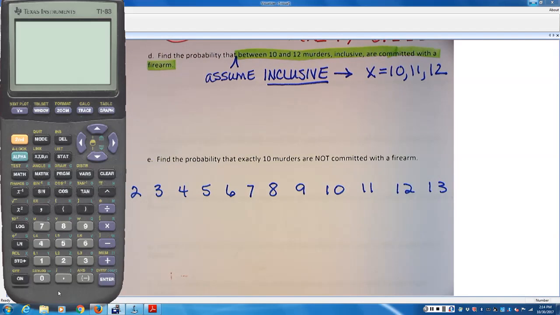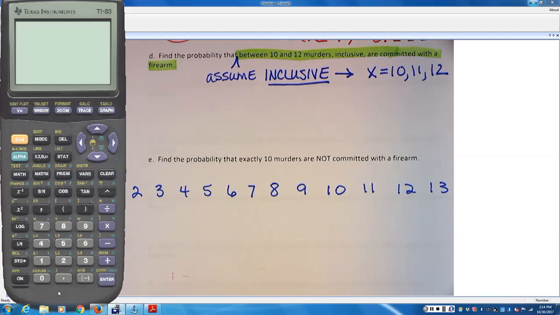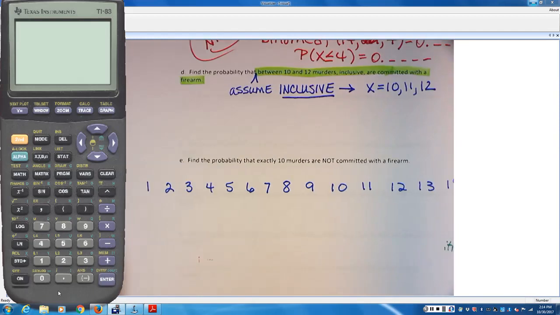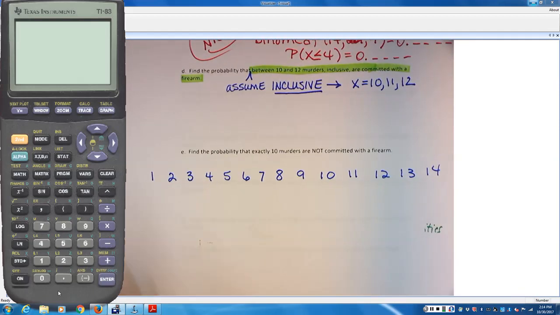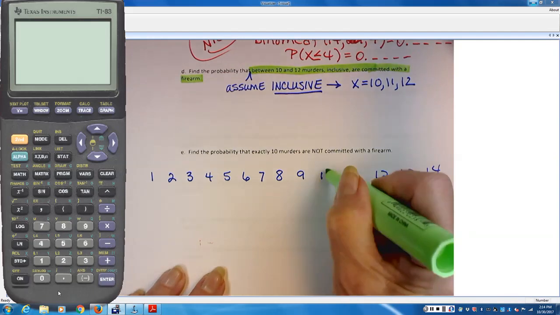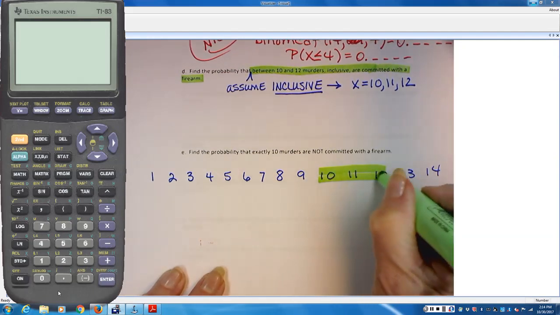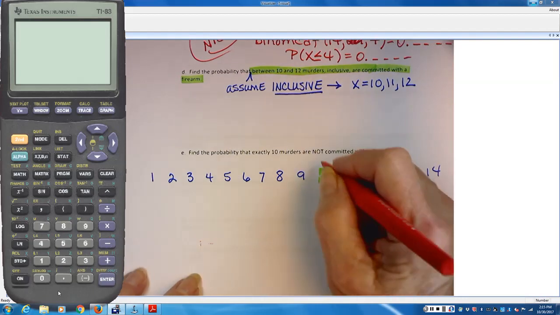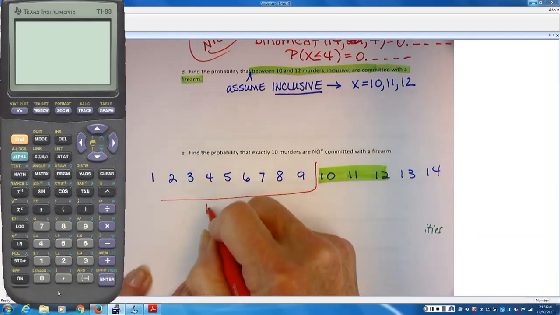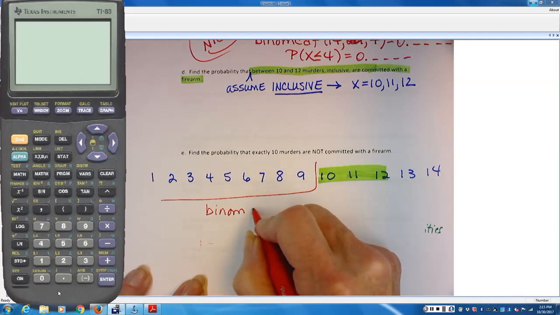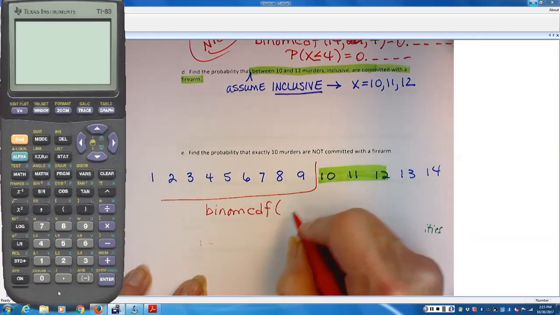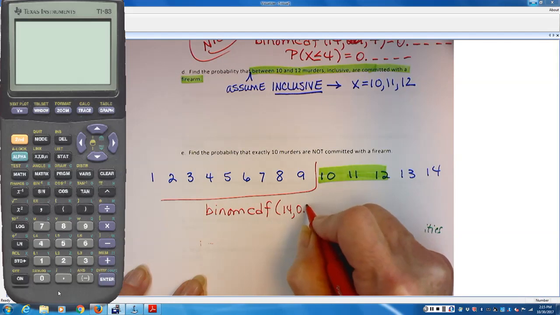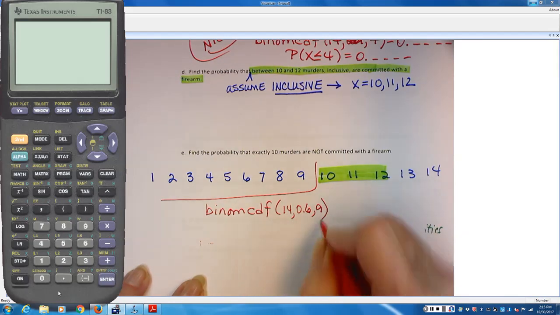That's all the possible answers. Well, back out a little bit. There's all the possible answers. There's the ones that I want. Now remember, binomialcdf would be that.